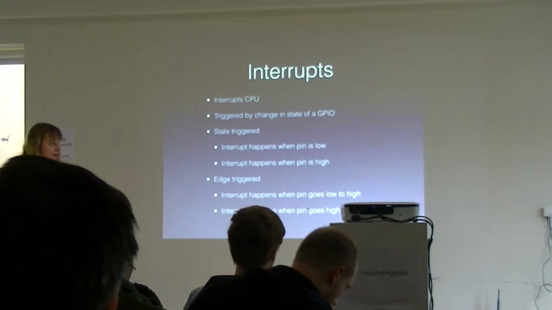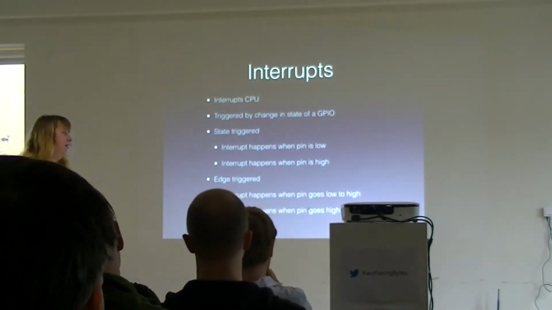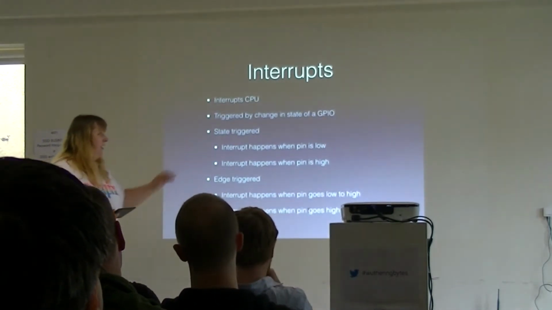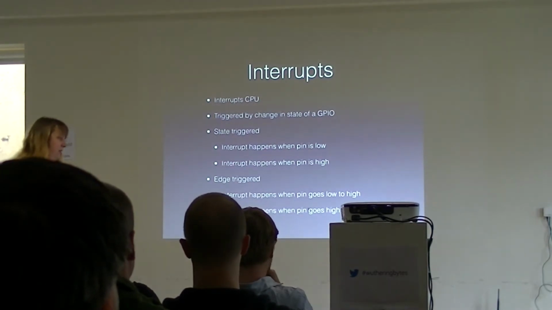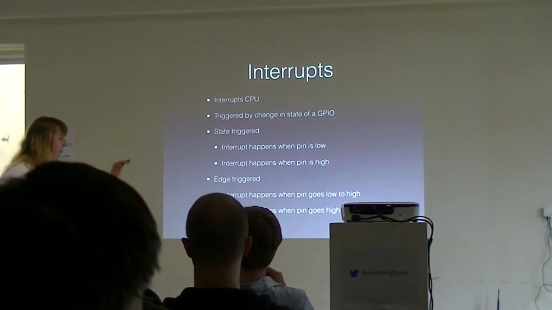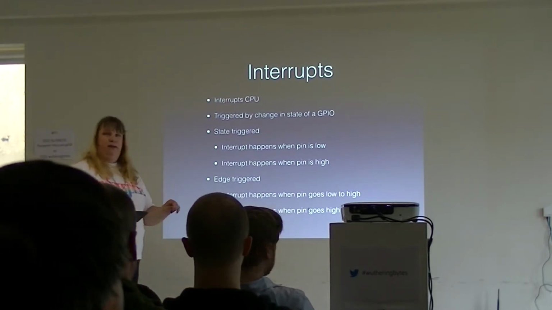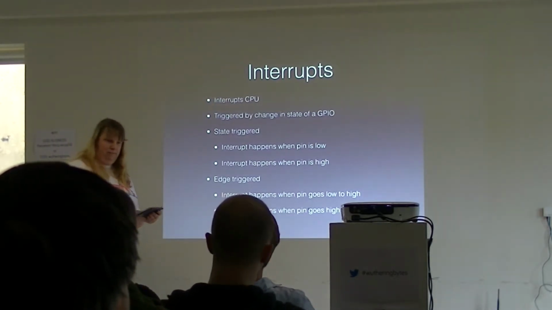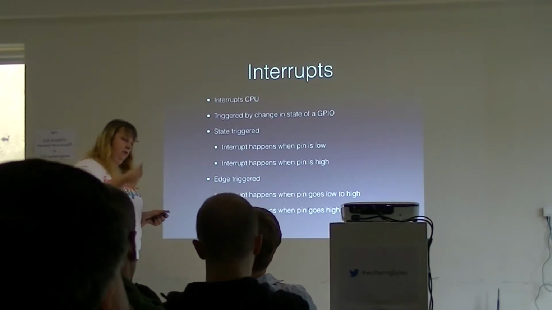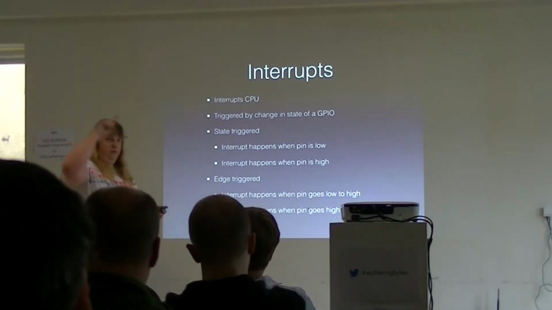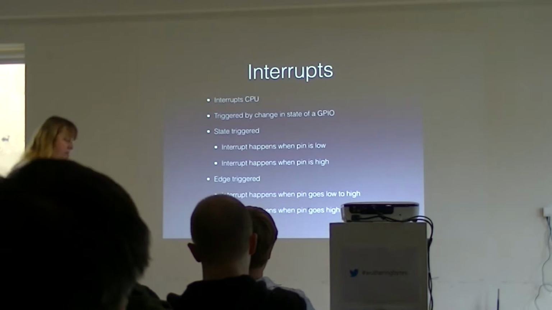So if you don't catch that one, you've missed it. And that will tell the processor, so you might want to use this for a push button if you want a button to do something. When the button presses, the signal changes and it signals the processor.